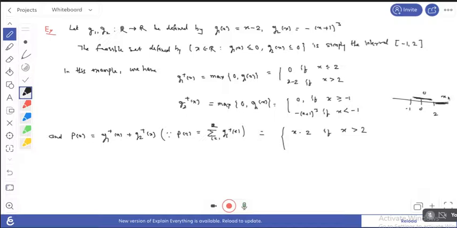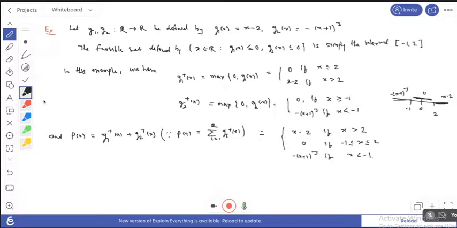When x is less than minus 1, this function is defined by (x plus 1) cubed. Now you can define your penalty function by adding these two. This function is 0 if we take x in the interval minus 1 to 2, and (x plus 1) cubed if x is less than minus 1.